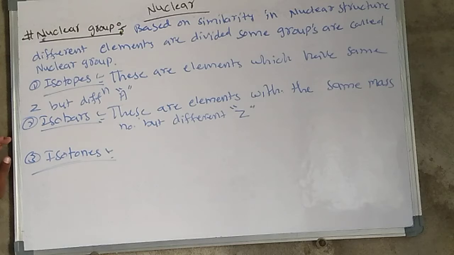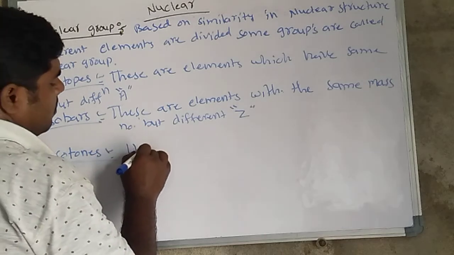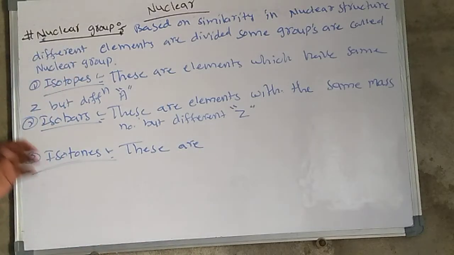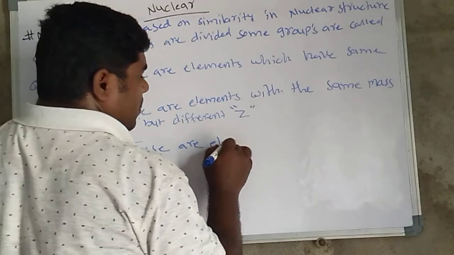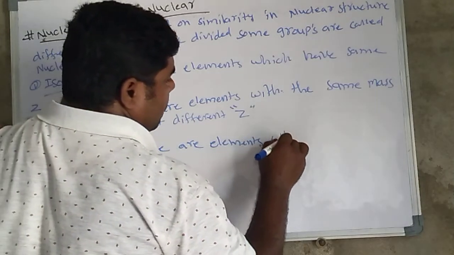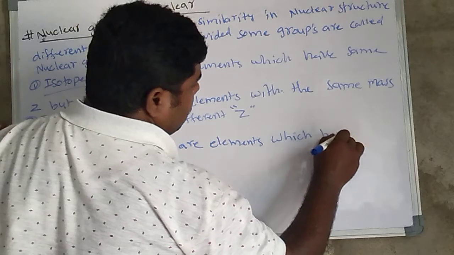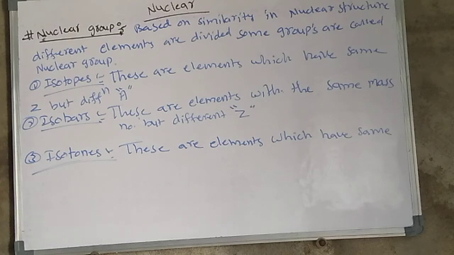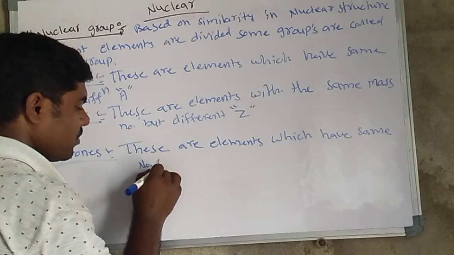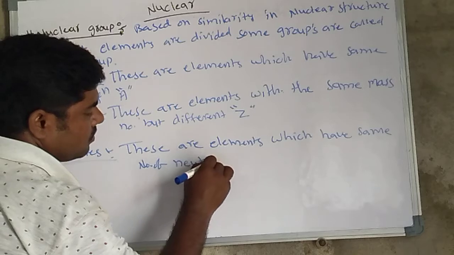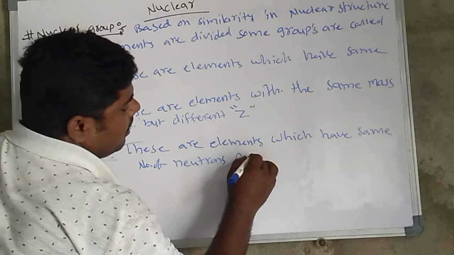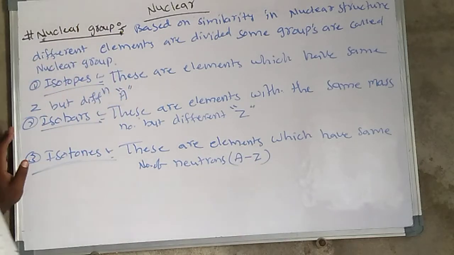The number of neutrons is nothing but A minus Z. This type of element we call isotones.